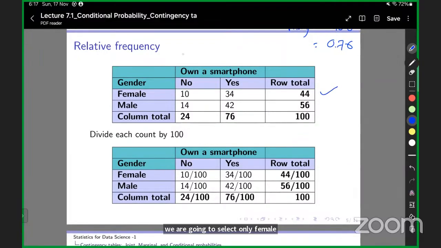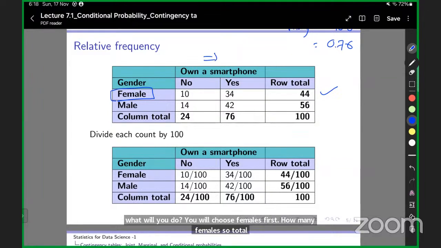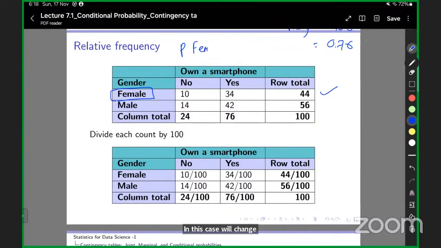If I ask how many females have a smartphone, what will you do? You will choose females first. The total in this case will change: 34 by 44. That is the probability of female owning a smartphone.